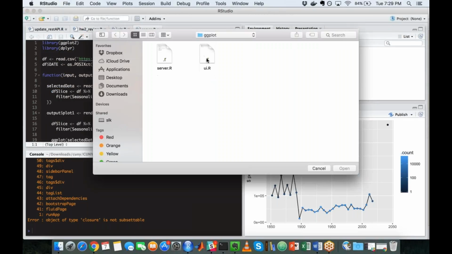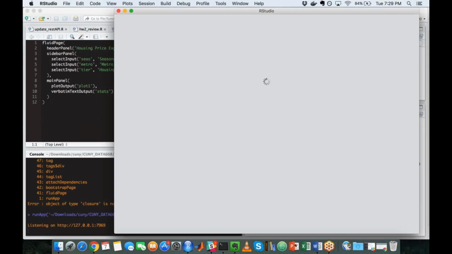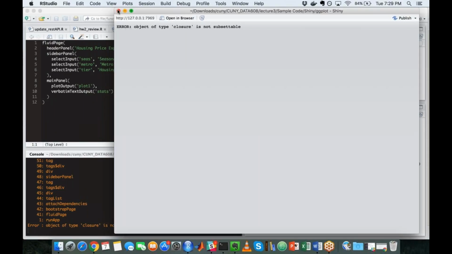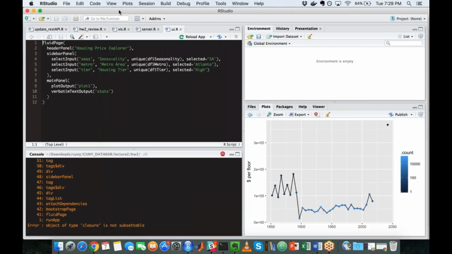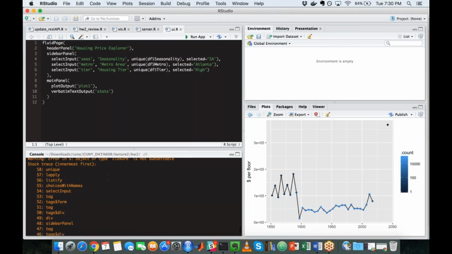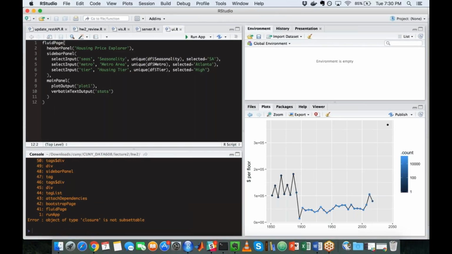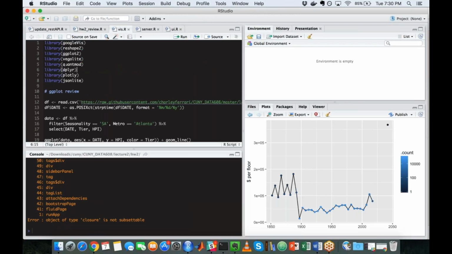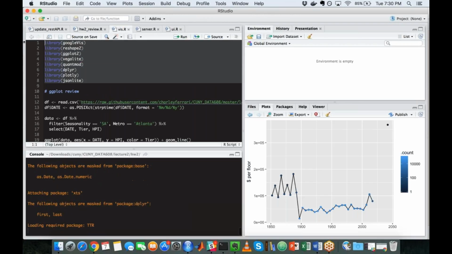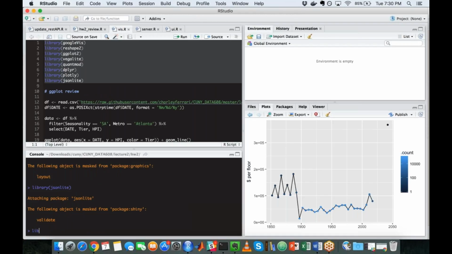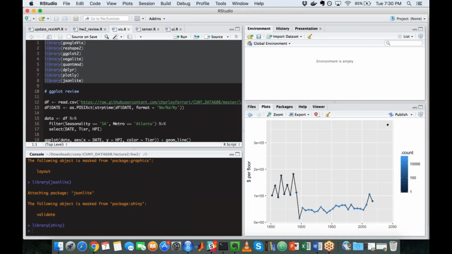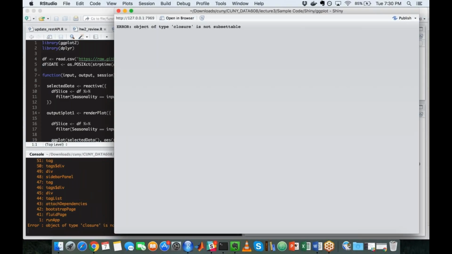Server, UI. The weird thing is they're all getting the same error. Which leads me to believe there's something. So let me make sure. Okay, I'm not sure what's happening here.